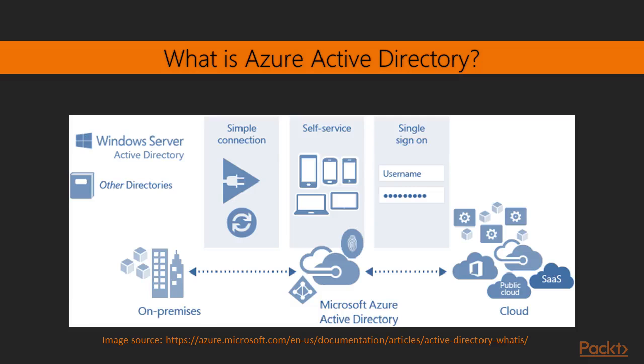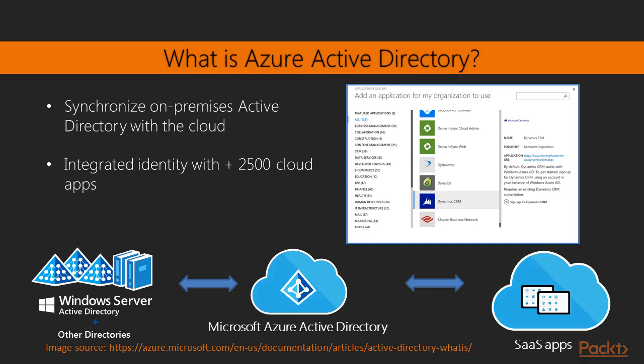The first one is using a natively configured user account for that specific public cloud application, like a Facebook.com user account. Another approach is integrating it with Azure Active Directory and then replicating users from our on-prem Active Directory to Azure AD, and from there on reusing Azure Active Directory user accounts for providing single sign-on to those public cloud applications. So in short, it allows me to synchronize on-premises Active Directory users with the cloud, and from there on integrate with more than 2,500 public cloud applications.